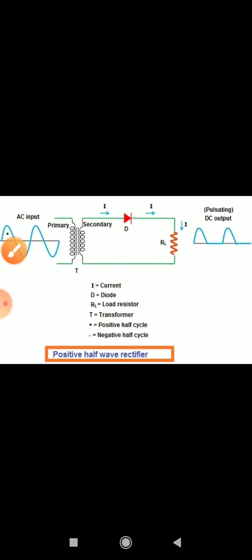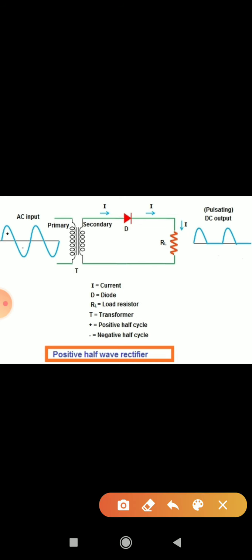Now we observe the operation of the half wave rectifier. We consider that we are feeding only a positive half cycle to the transformer. Then the transformer primary winding sends it to the secondary winding. When the secondary winding gets the positive cycle, the top part becomes the positive terminal, and the bottom side becomes the negative terminal.